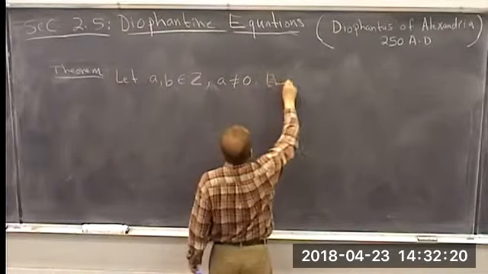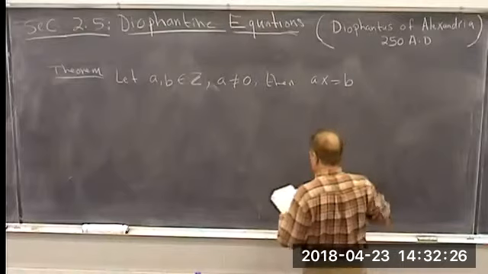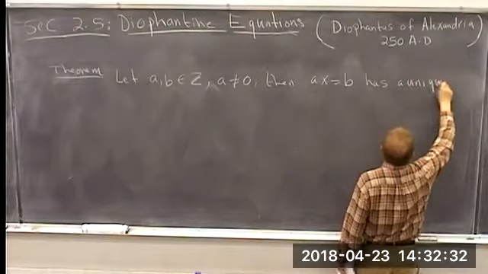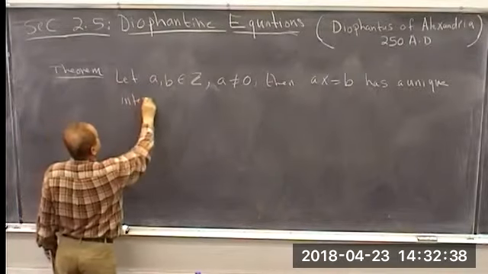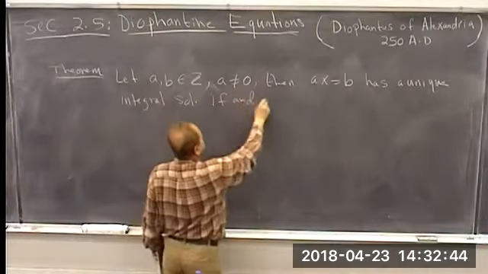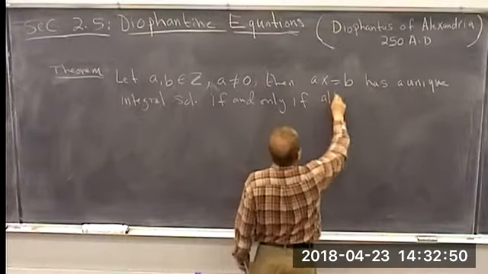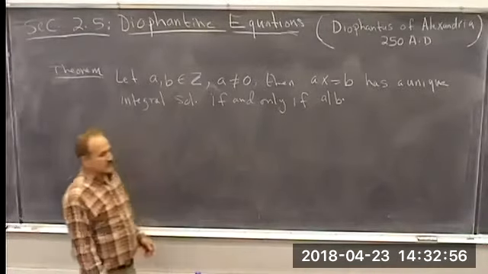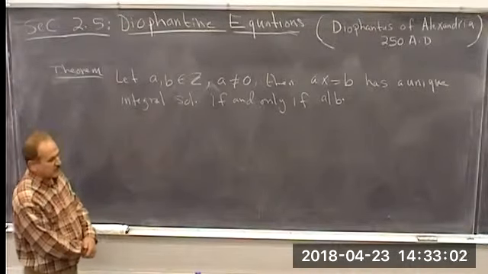Then the equation ax = b has a unique integral solution if and only if A divides B. And since it's a unique solution, the methods that you learn for solving the equation in algebra, very simple algebra, provide a method for solving this.